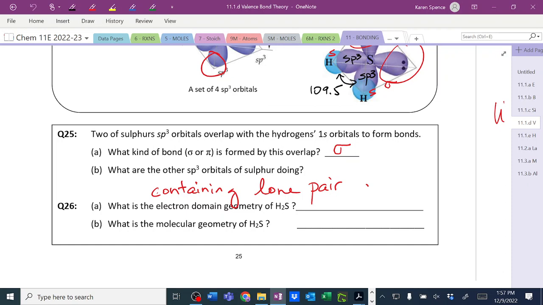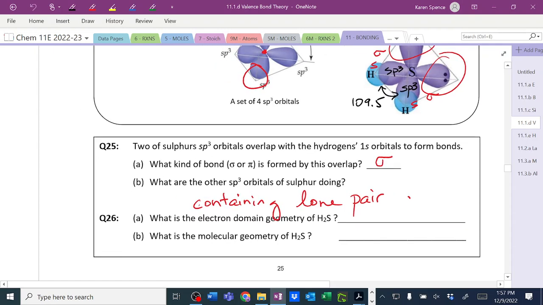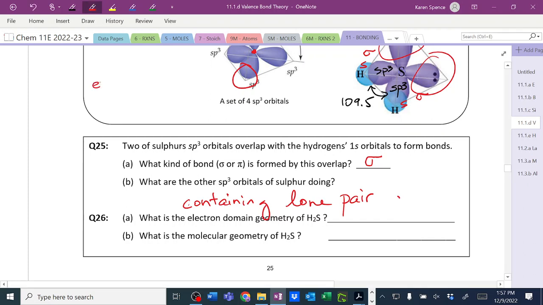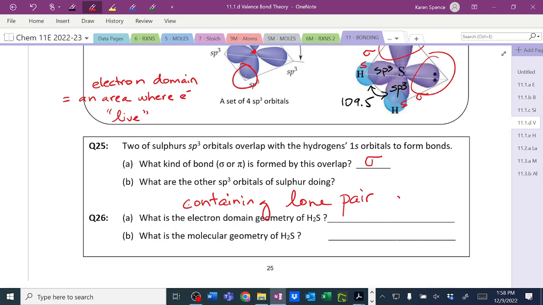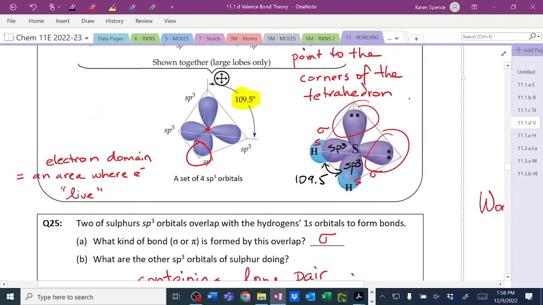Now, if I ask you about the electron domain geometry, that means an electron domain is an area where electrons live.